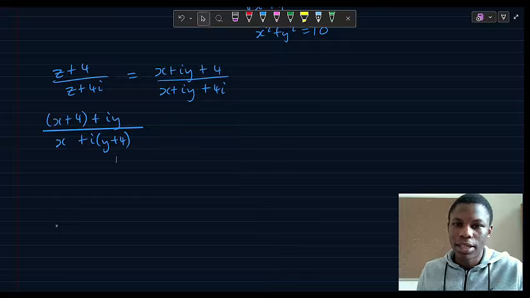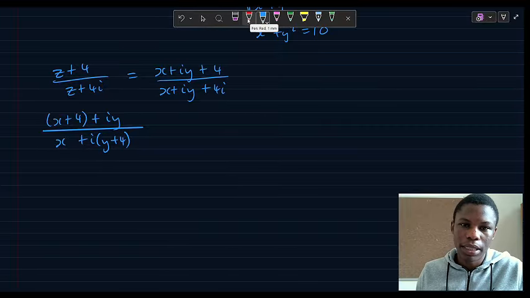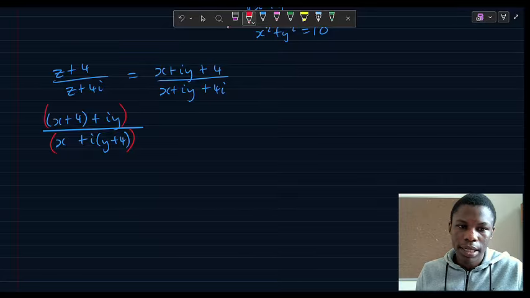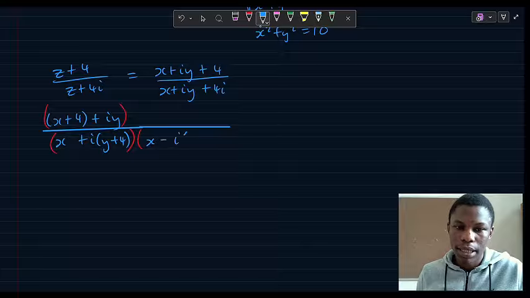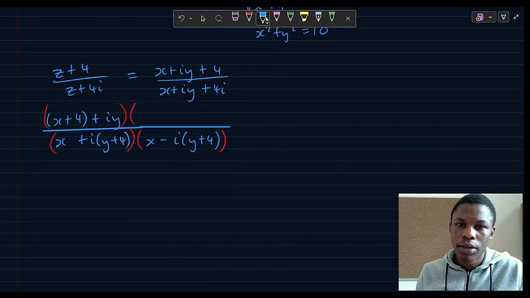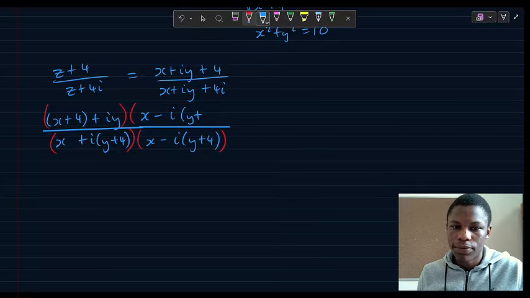In this case, the complex conjugate of our denominator is x minus i(y + 4). So I'm going to multiply by x minus i(y + 4), in both numerator and denominator.